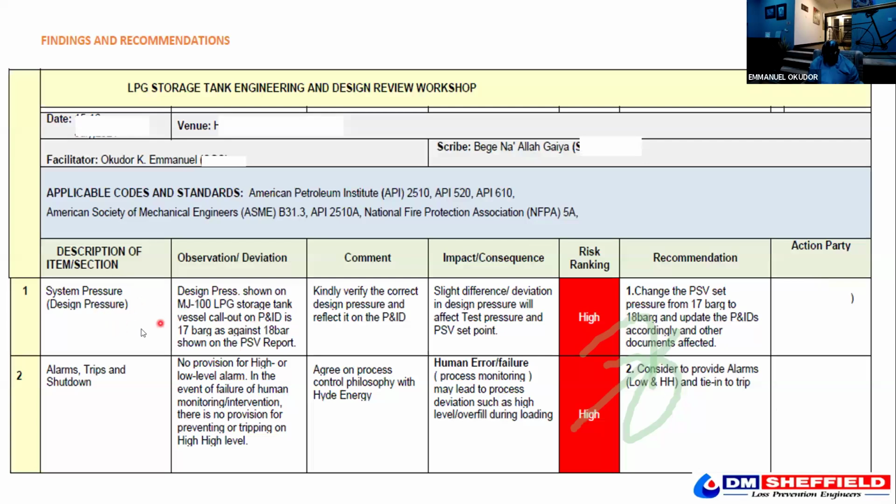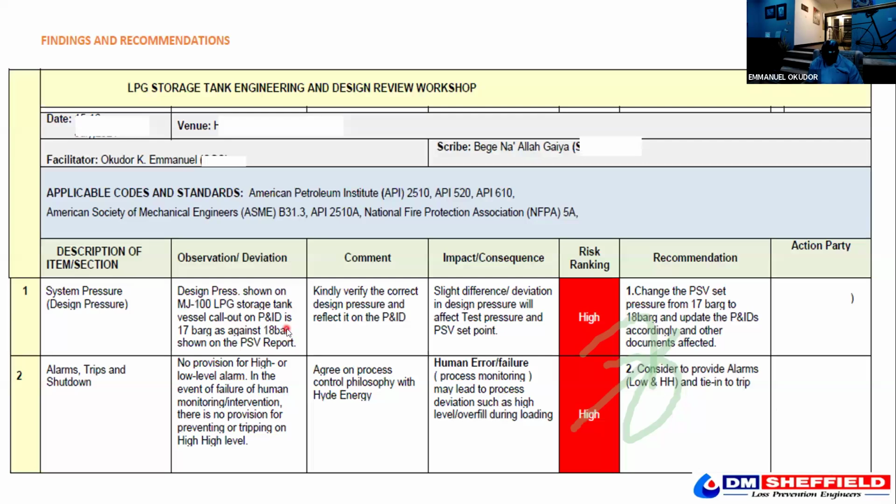For system pressure design review, design pressure shown on the P&ID, this is more of API 14C numbering. The 100 LPG storage tank call out in the P&ID, they have 17 bar as the call out for the PSV design, whereas on the PSV report they put 18 bar. So they have to be consistent.